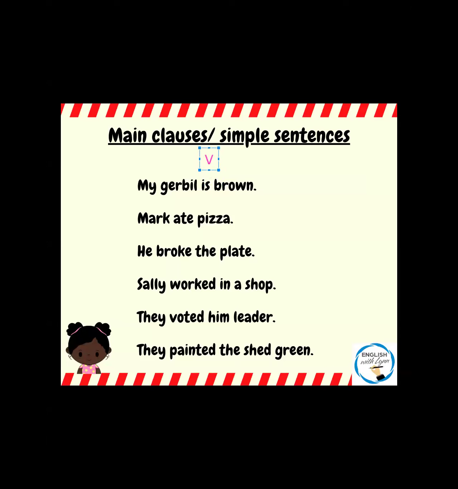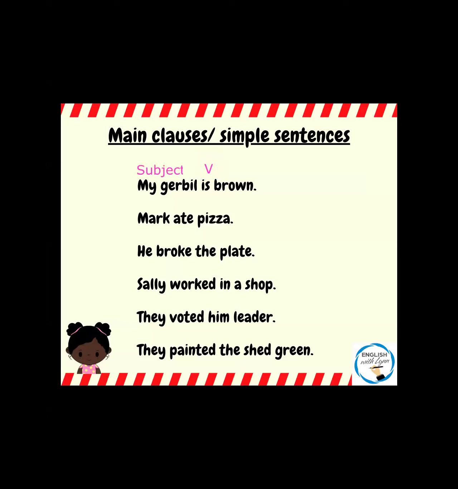And now I know what my verb is, I need to think, what is my subject? What is the main thing in the sentence? And because I have the word is, it is a linking verb, so it's linking two ideas together. So I can look here and I can see that the gerbil is the subject.